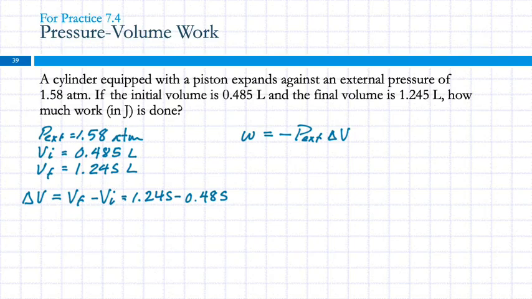0.245 minus 0.485. So delta V equals 0.76 liters. So the work is equal to -1 times the external pressure, 1.58 atmospheres, times the change in volume, 0.76 liters.